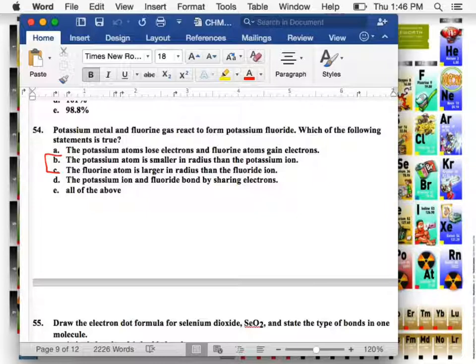Why would I have grouped B and C as my possibilities? They're both talking about radius. So when I read the answer choices, I think, oh, it's a question about radius, I'm going to keep my focus on the radius. If I don't know anything else, I'm just going to guess between those two. Both of them turned out to be wrong. This is why guessing at answer choices isn't always the best option.